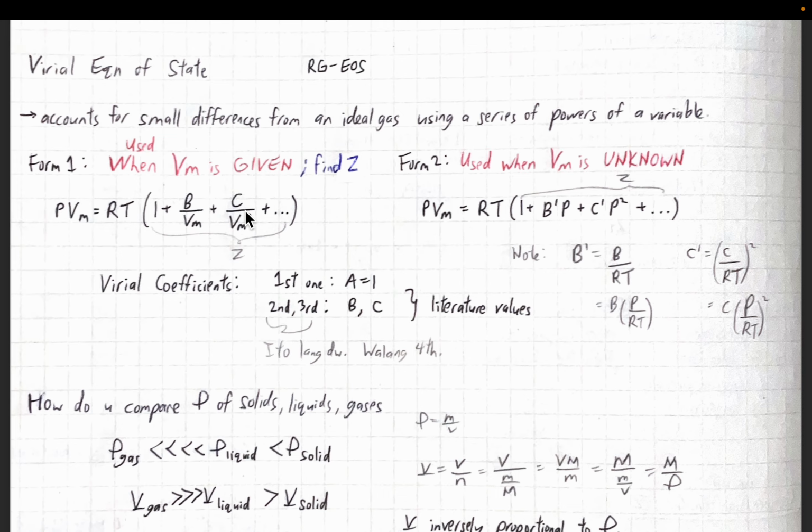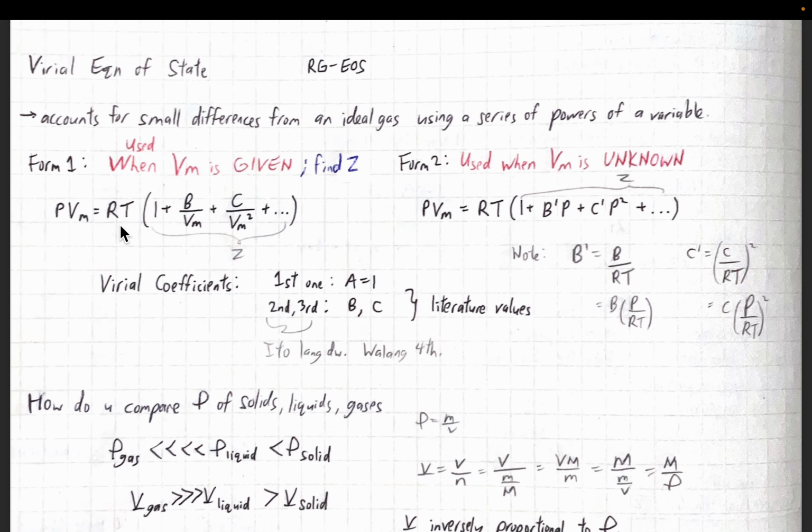So we start first with the ideal gas equation of state, PV equals nRT. Notice how it's similar, no, to the virial equation of state.